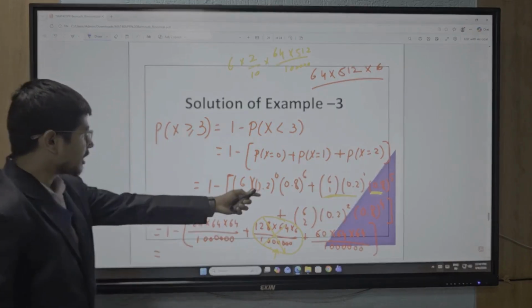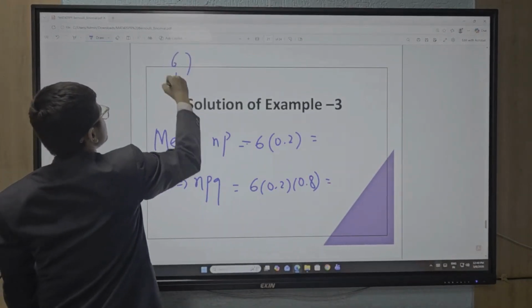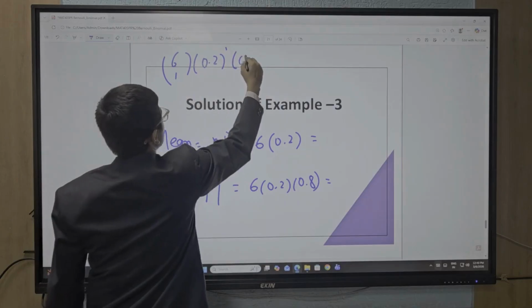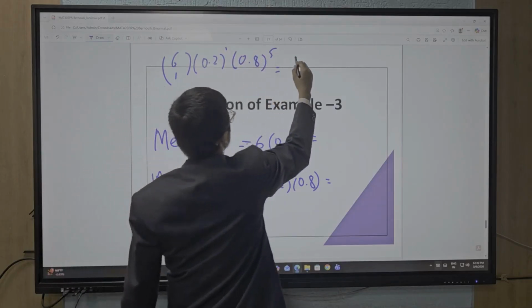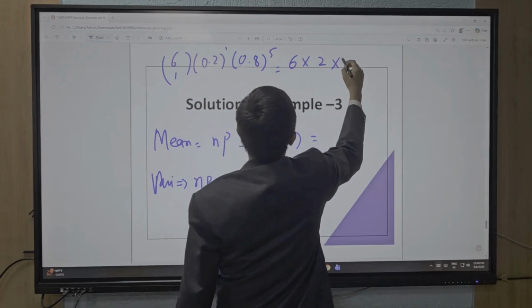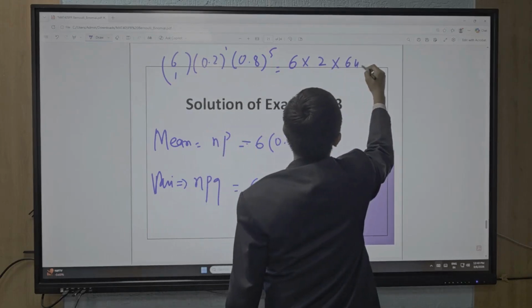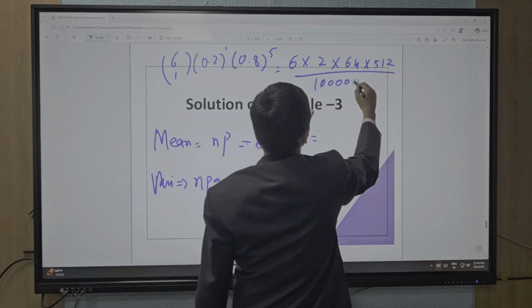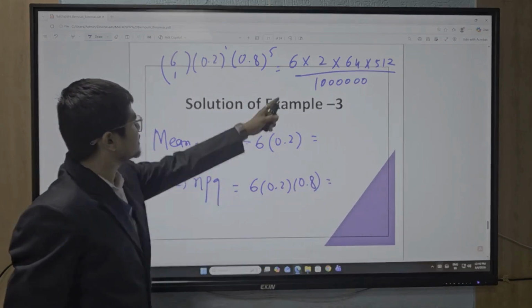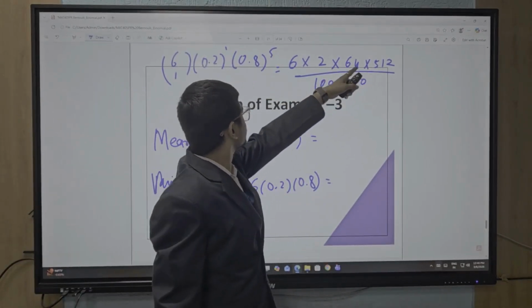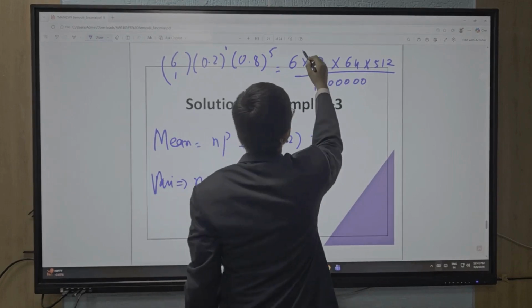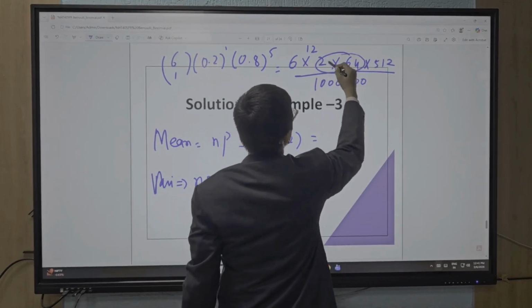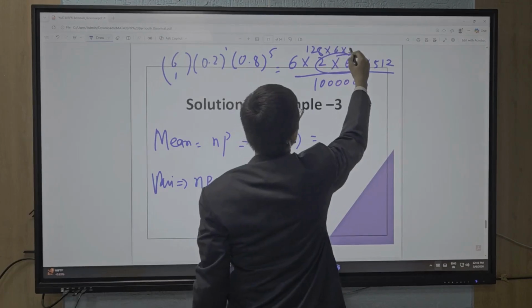Now I calculated here 6 into 0.2 into 0.8, that is 64 into 512 divided by, very simple. So 8 squared, 8 raised to 3, and this is 12, or you may say 128 into 6 into 512.